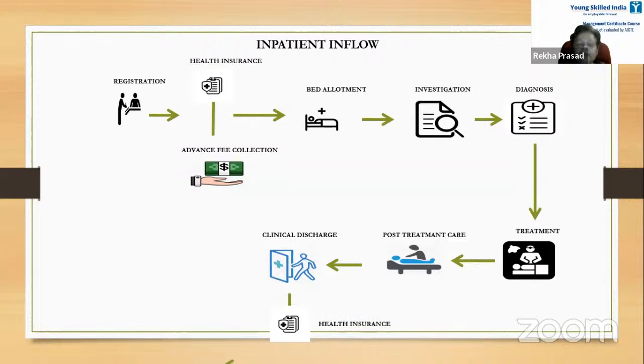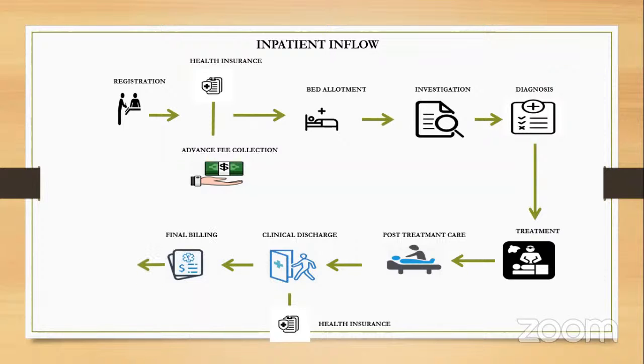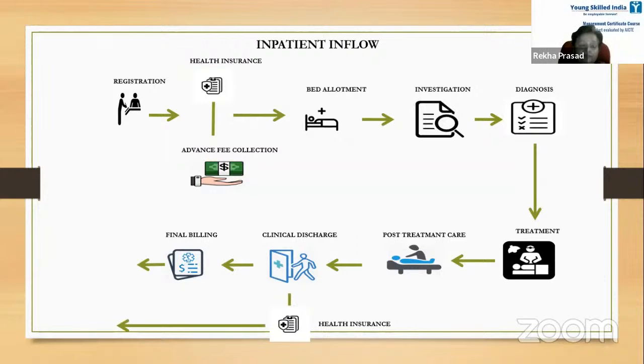Once you have done the final payment, because you had done some initial advance payment, but whatever the final bill is has to be paid, either through insurance or by the patient's family. Once that final billing is over, then only clinically he or she is discharged from the hospital.